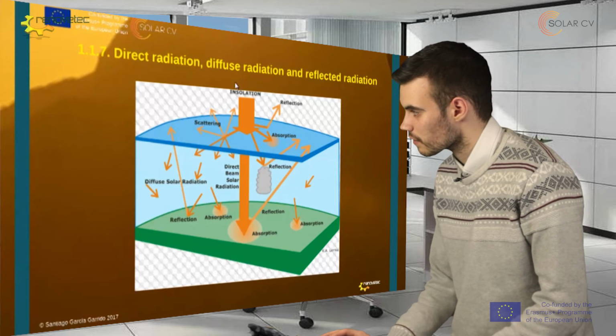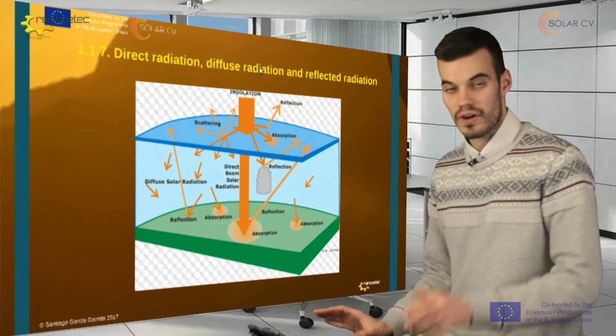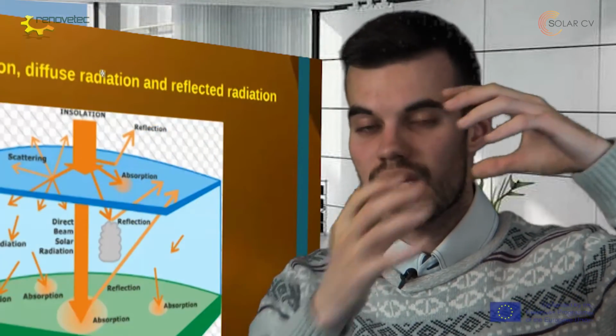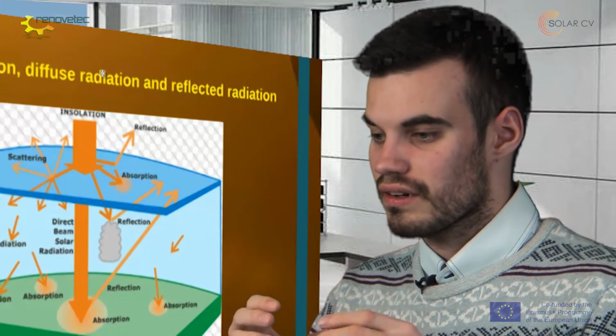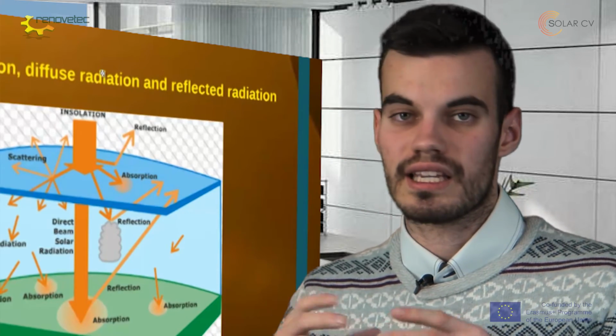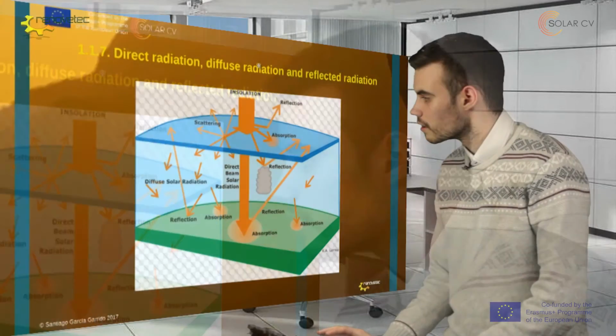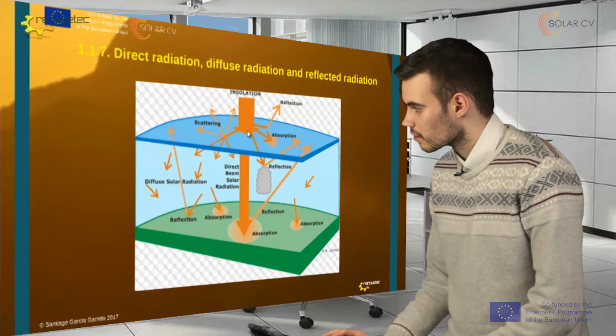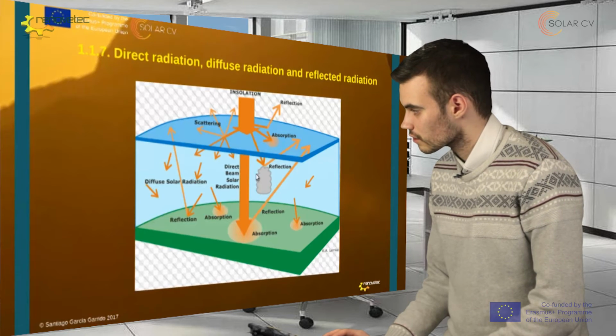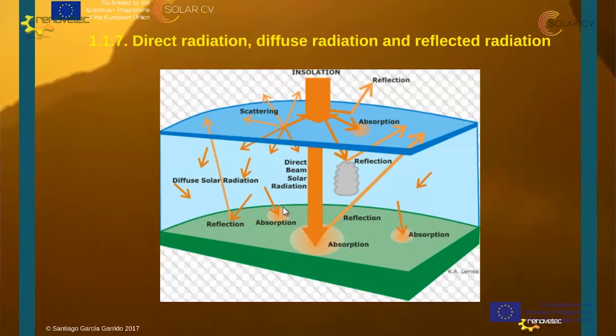From space, from the sun, we are going to receive some energy, although this total energy is not going to be absorbed by the Earth's surface, because we are going to lose some energy because of the reflection on the clouds, because of the absorption of the mountains, for example, and because of the scattering on the dust particles in the sky.